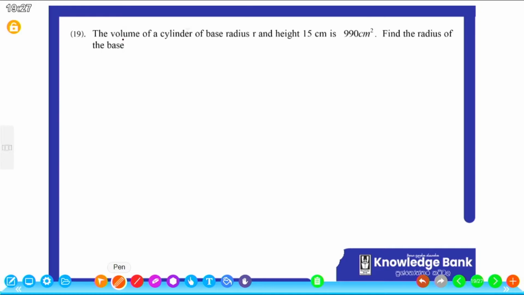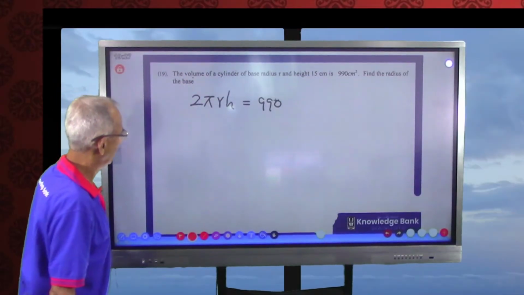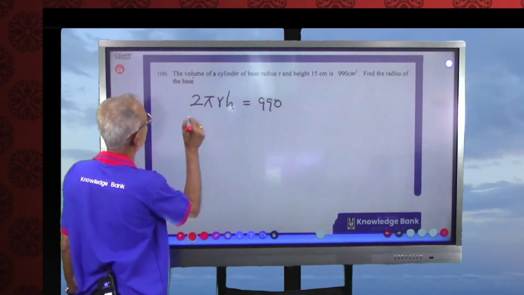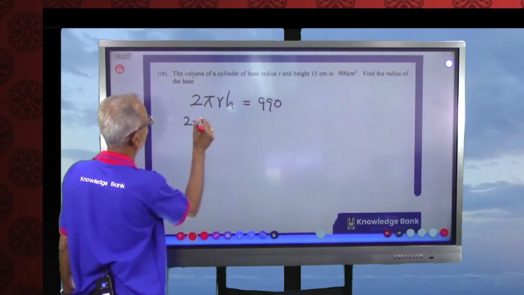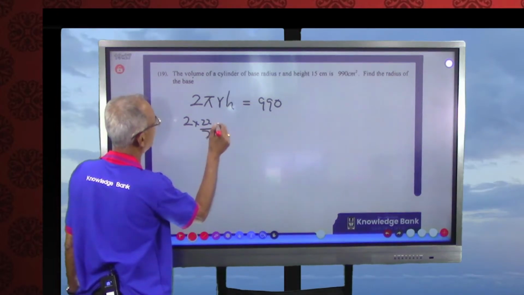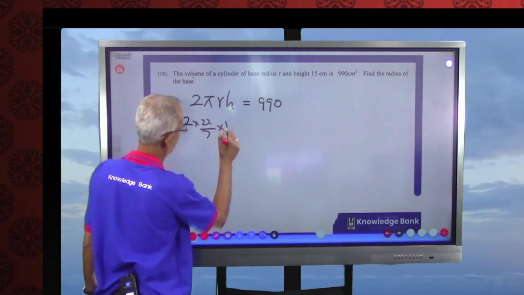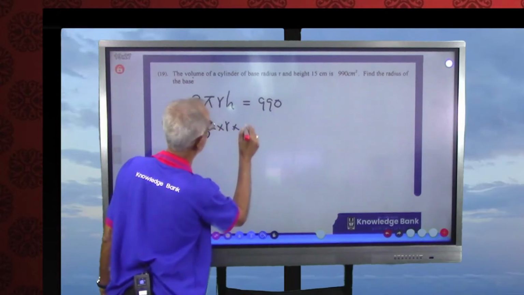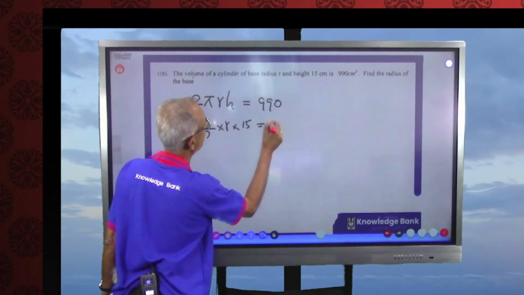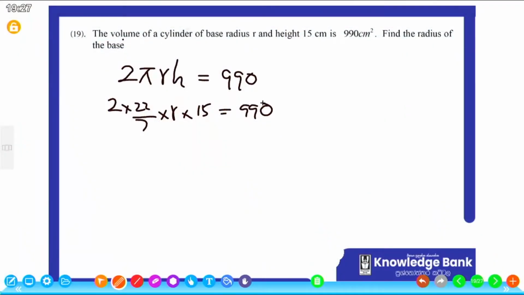Curved surface area of a cylinder is 2 pi r h, which equals 990 square centimeters. Substituting, 2 into pi as 22 over 7, into r, into h which is 15 centimeters, equals 990.